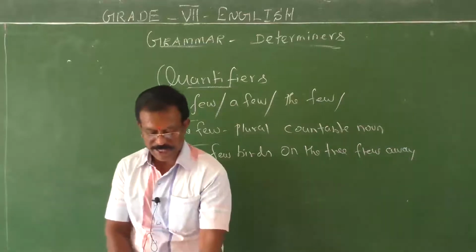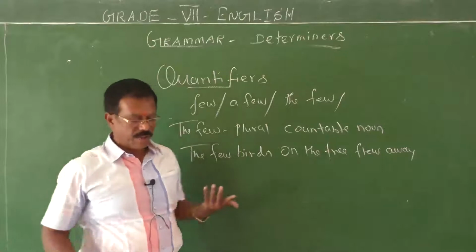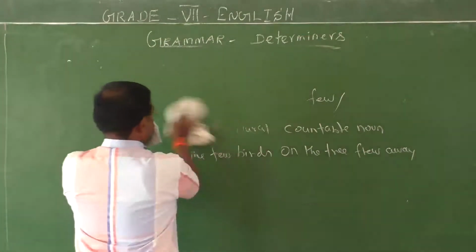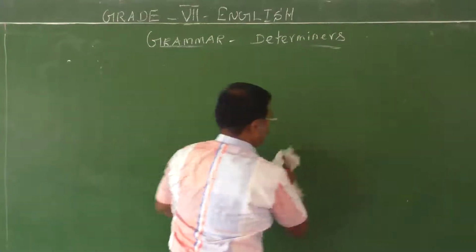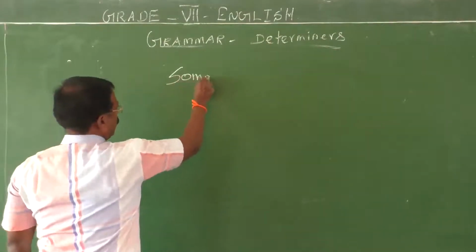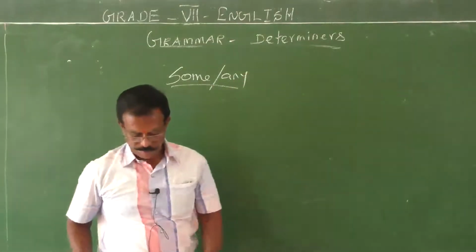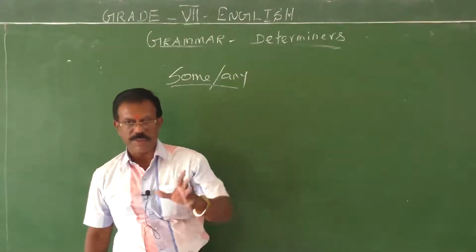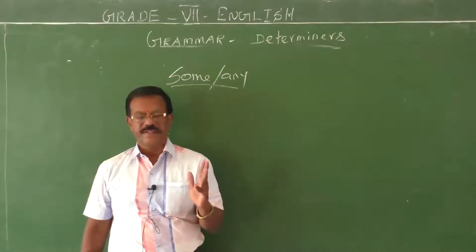Okay children, next, some and any. Where we have to use some, where we have to use any. Other quantifiers, some and any. Some can be used before countable and uncountable nouns with reference to number or quantity.